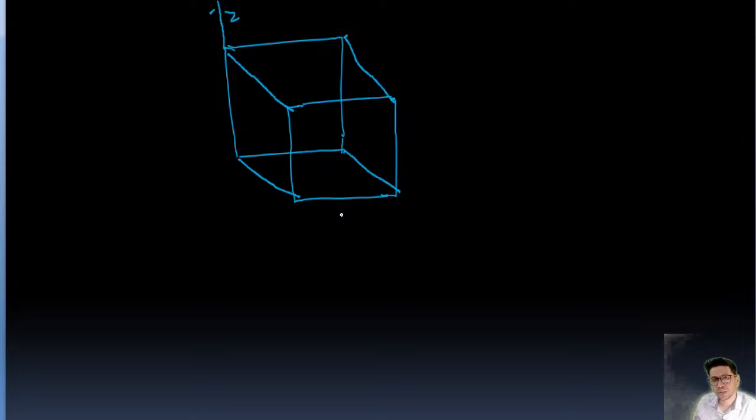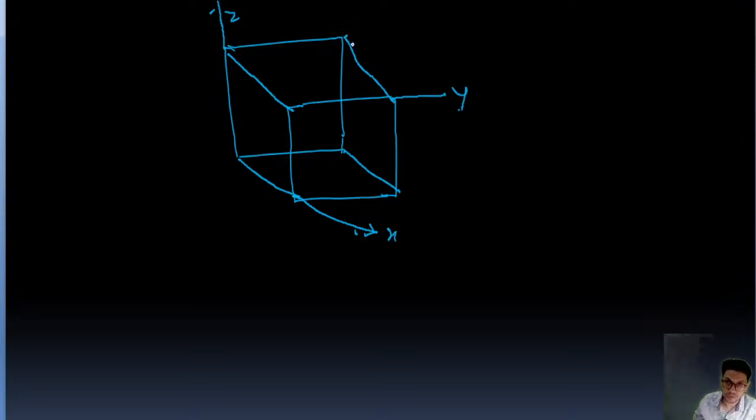We can take the origin at any point, as per our choice, or make the coordinate system at any point. So this is z-axis, this is y-axis, this is x-axis, guys.